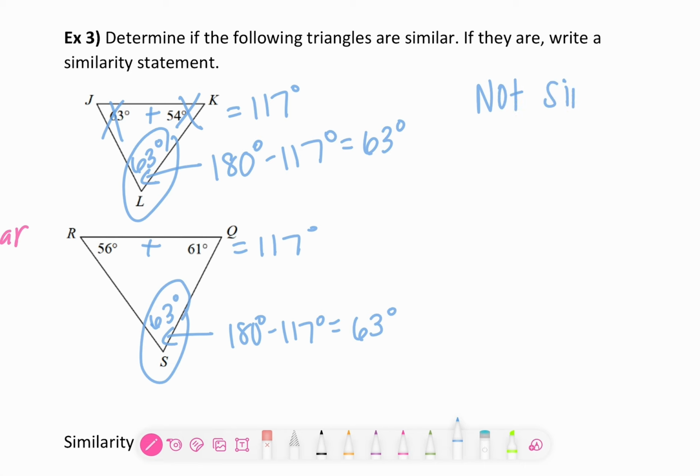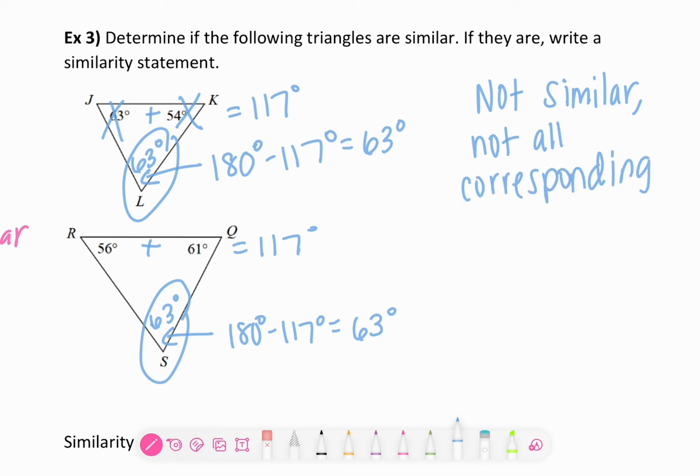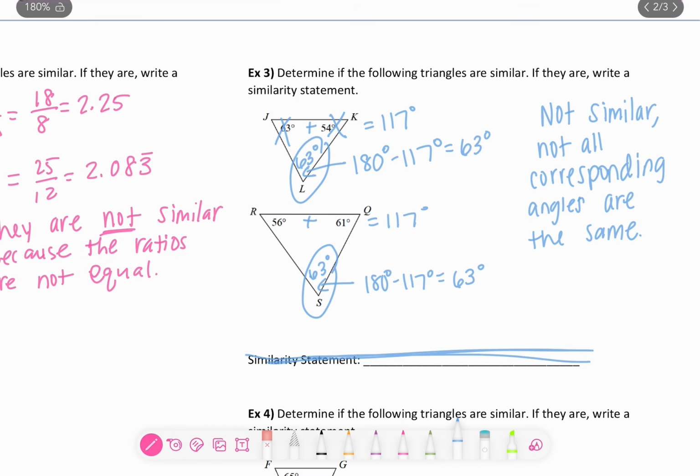So not similar. I'm just going to say not all corresponding angles are the same. That's a good way to word it, okay? Some of them are, one of them is, right? One pair is, but they aren't all. That means there is no similarity statement because they are not similar.